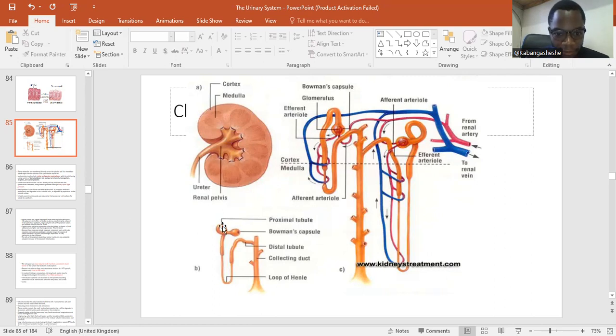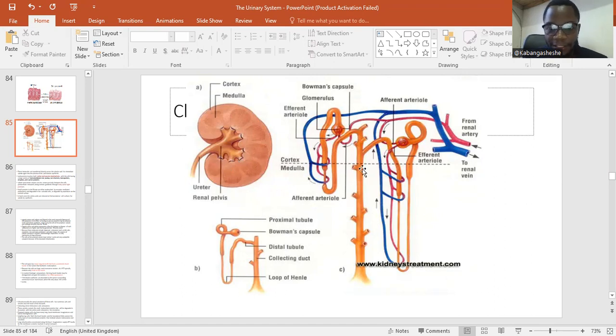So throughout the proximal convoluted tubule, the loop of Henle, and the distal convoluted tubule, we expect selective reabsorption to occur. All right. So that is loop of Henle, thick descending limb, thick ascending limb, proximal convoluted tubule, distal convoluted tubule.